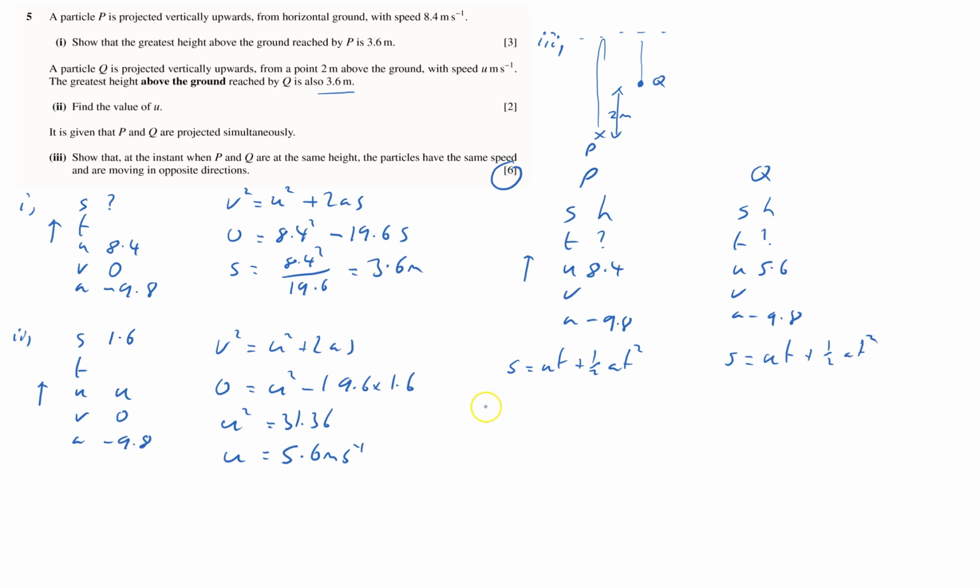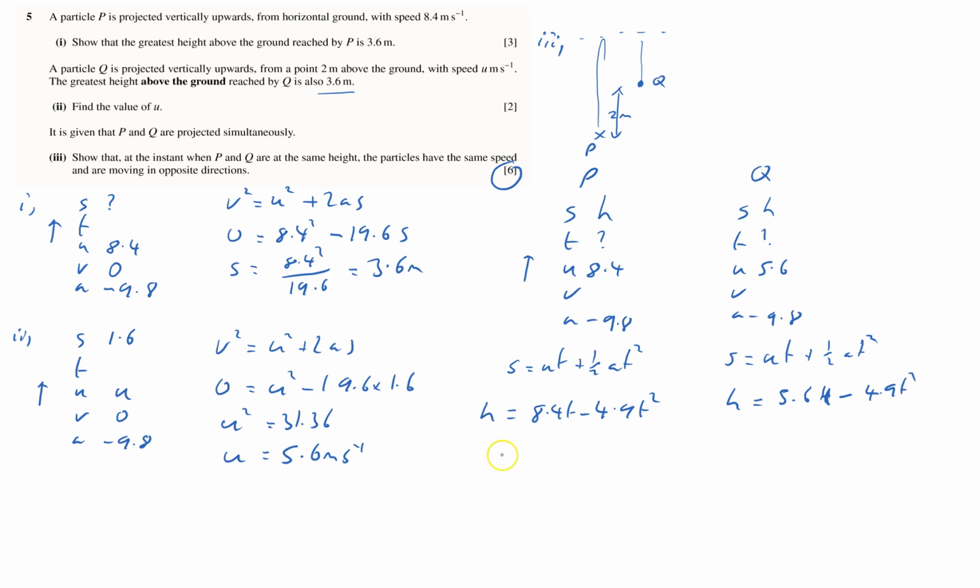And that will say that h equals 8.4t minus 4.9t squared, and this will say that h equals 5.6t minus 4.9t squared. We're going to say that when these are at the same height, but we must remember these aren't exactly the same heights because this one starts higher.